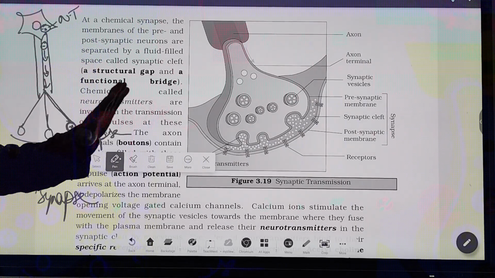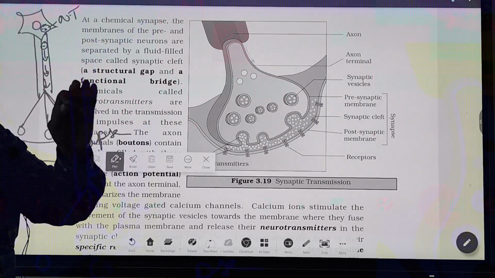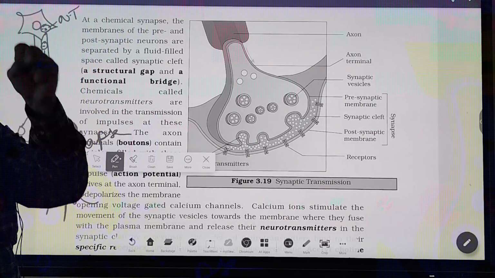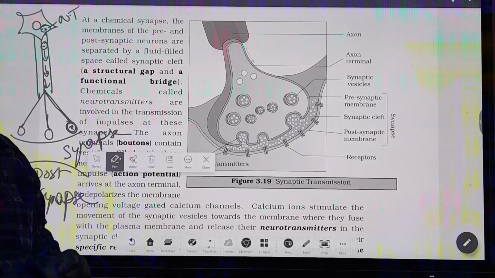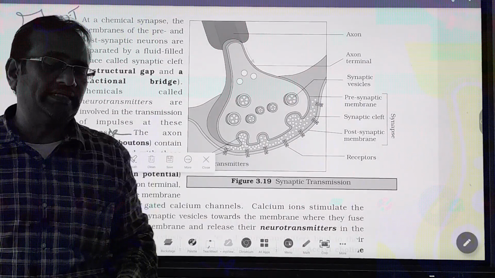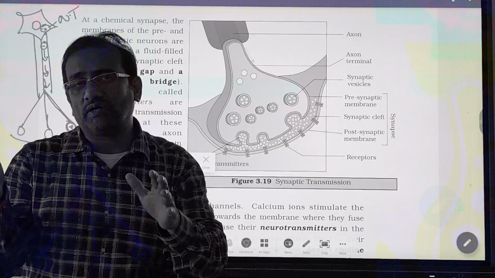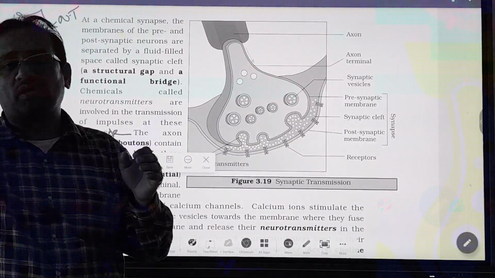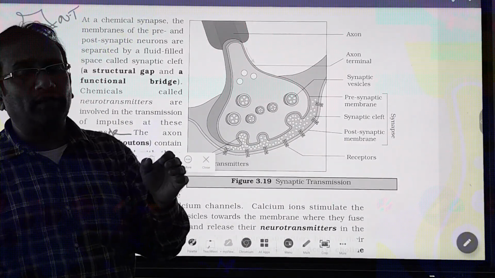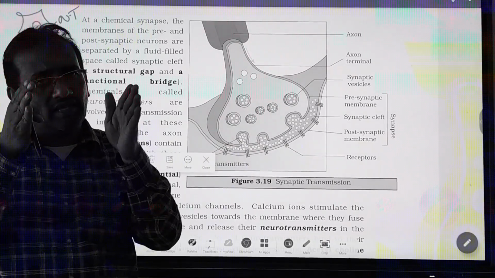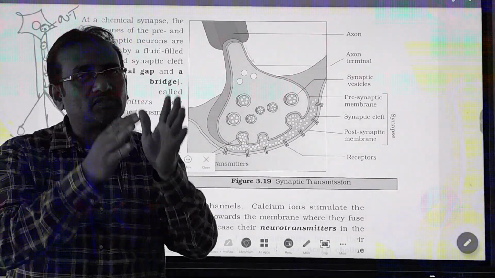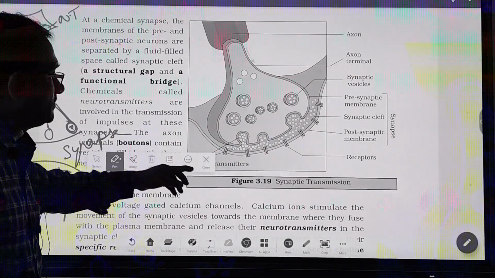On the postsynaptic membrane, the ligand gated channels receive the chemical neurotransmitter and they open. After the ligand gates open, the signal passes from one neuron to another neuron. So what is happening in the synaptic region is called synaptic transmission.